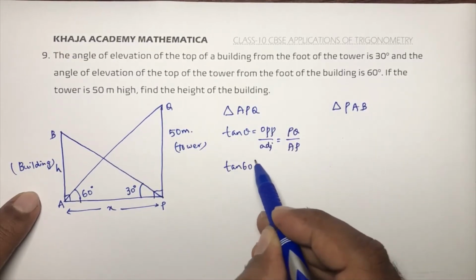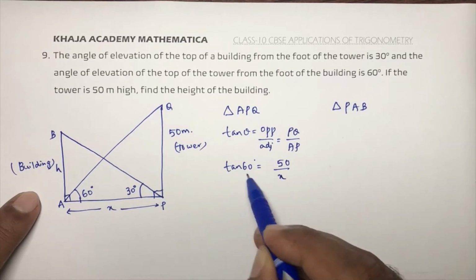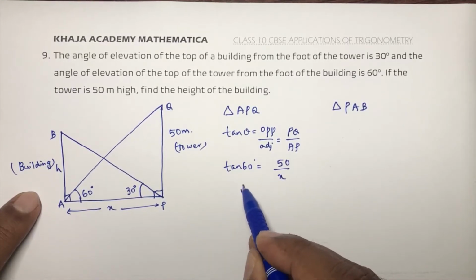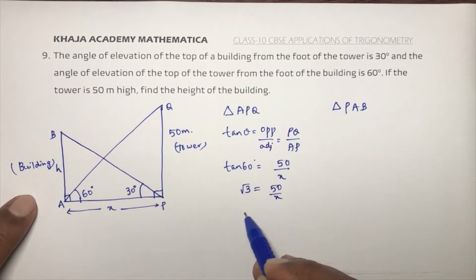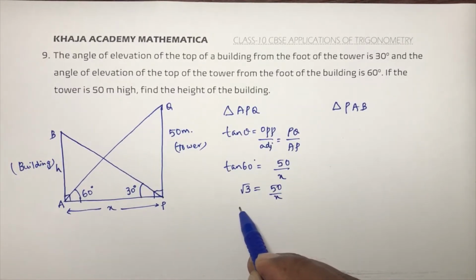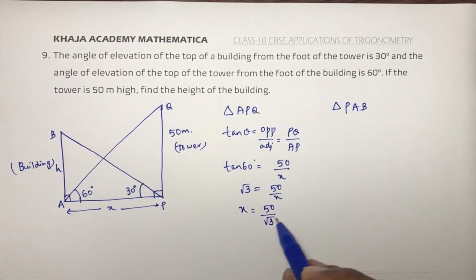Tan 60 degrees equals PQ is 50 by X. Tan 60 is root 3 equals 50 by X. If we cross multiply, X equals 50 by root 3.